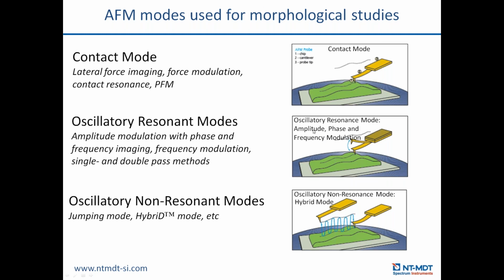Another way is tapping mode, when we oscillate the tip around the resonance frequency and keep the amplitude damping constant. The third way, we call hybrid mode, but it's actually based on the so-called jumping mode technique, when the microscope works like a sewing machine and the tip interacts with the sample in this way.